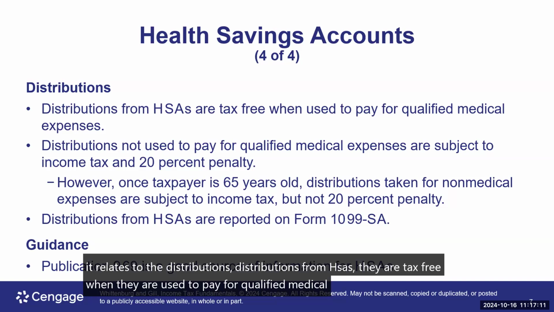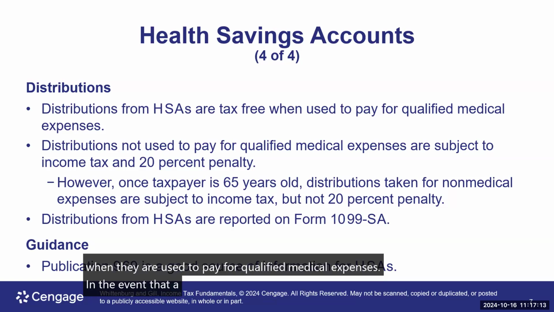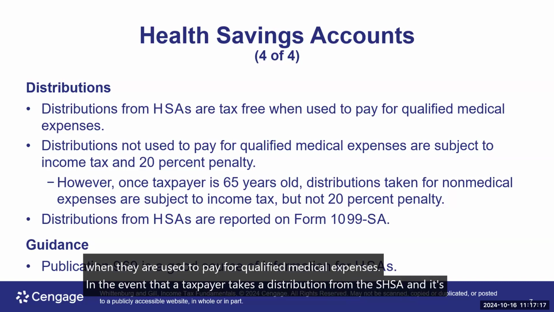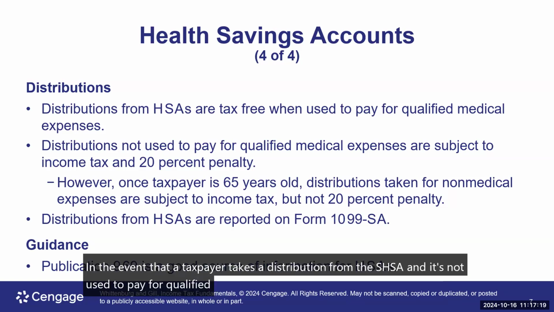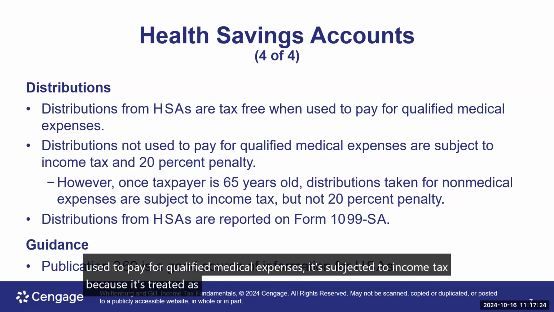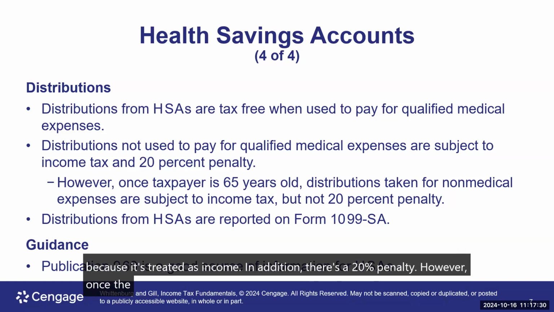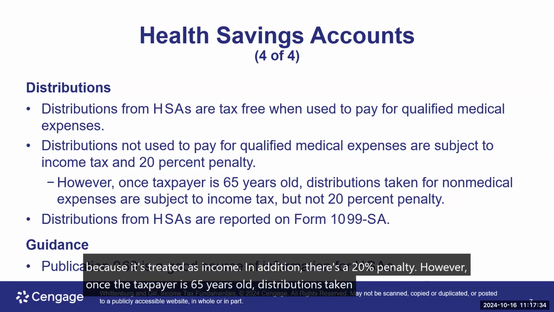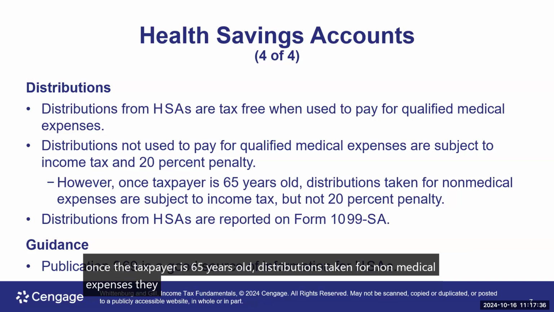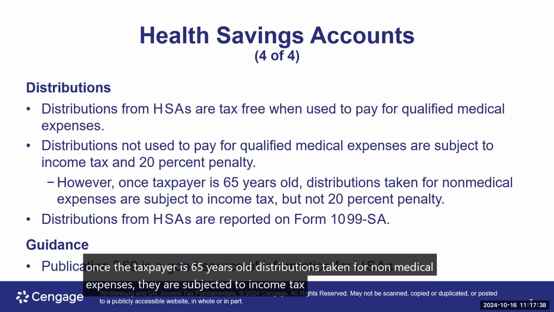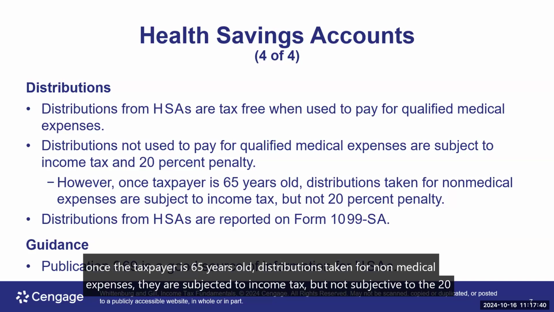In the event that a taxpayer takes a distribution from the HSA and it's not used to pay for qualified medical expenses, it's subject to income tax because it's treated as income. In addition, there's a 20% penalty. However, once the taxpayer is 65 years old, distributions taken for non-medical expenses are subject to income tax, but not subject to the 20% penalty.